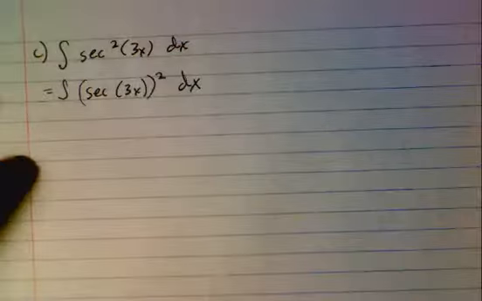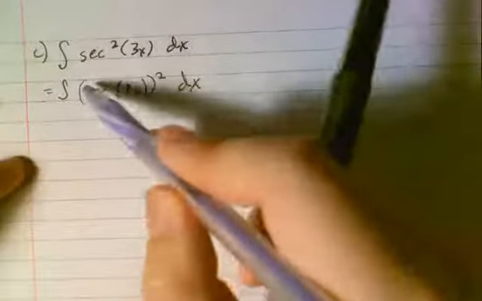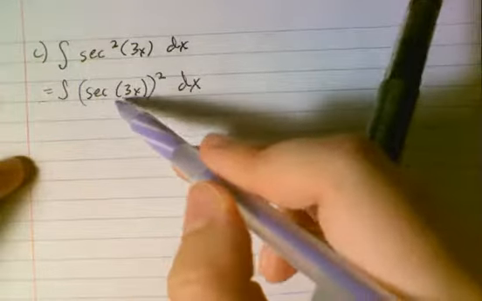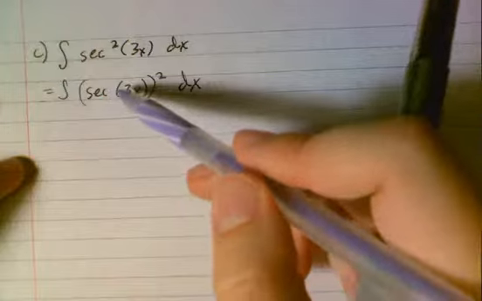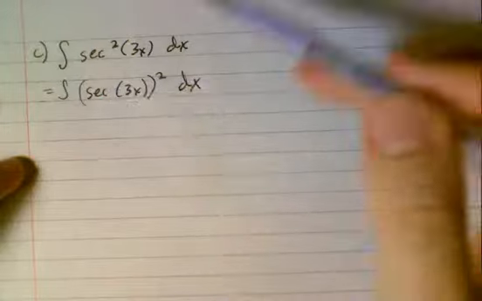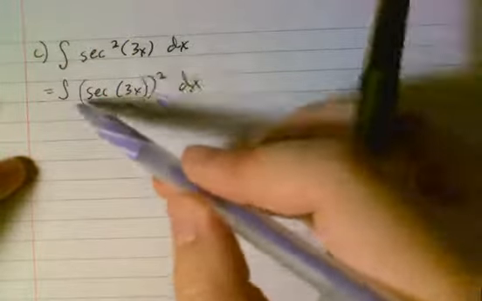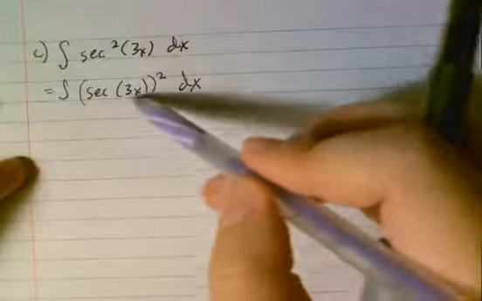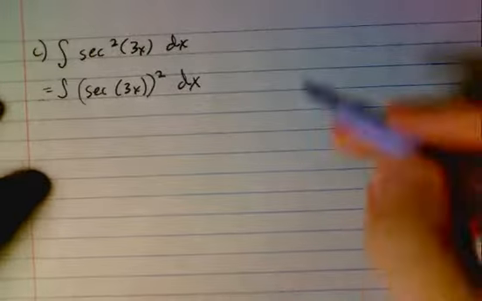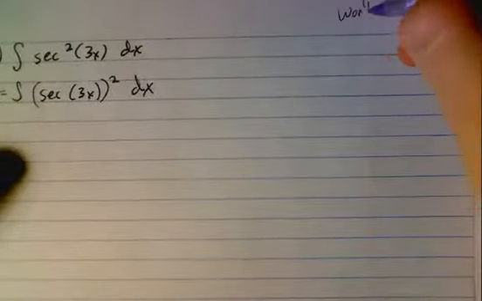But the problem is that even though we want to do a box function right here, if we do that, when we take the derivative of secant, we're going to get secant 3x, tangent 3x, times that piece from the chain rule. And what's going to happen is we're going to have more variables that get introduced here and don't have anything to cancel out with. So I'll just do that as a quick little example on the side of what won't work.